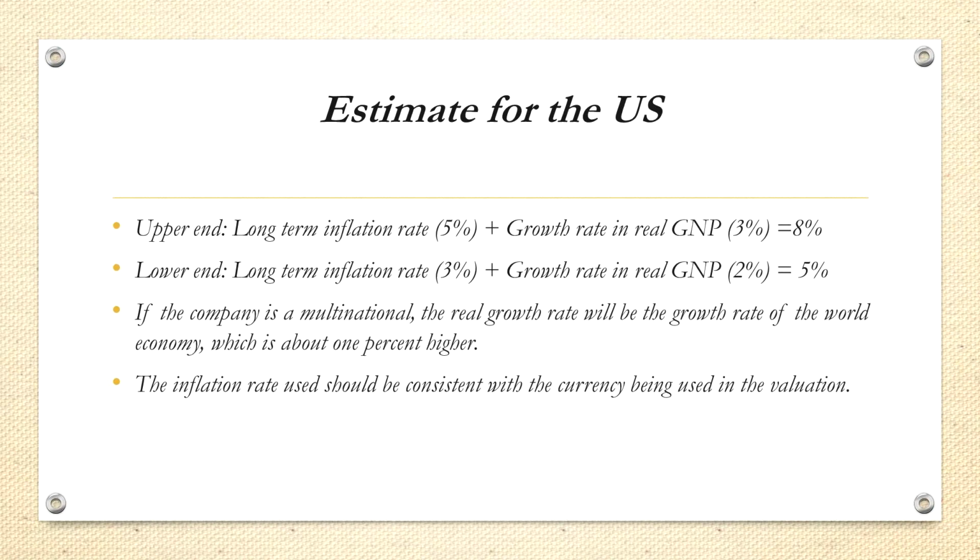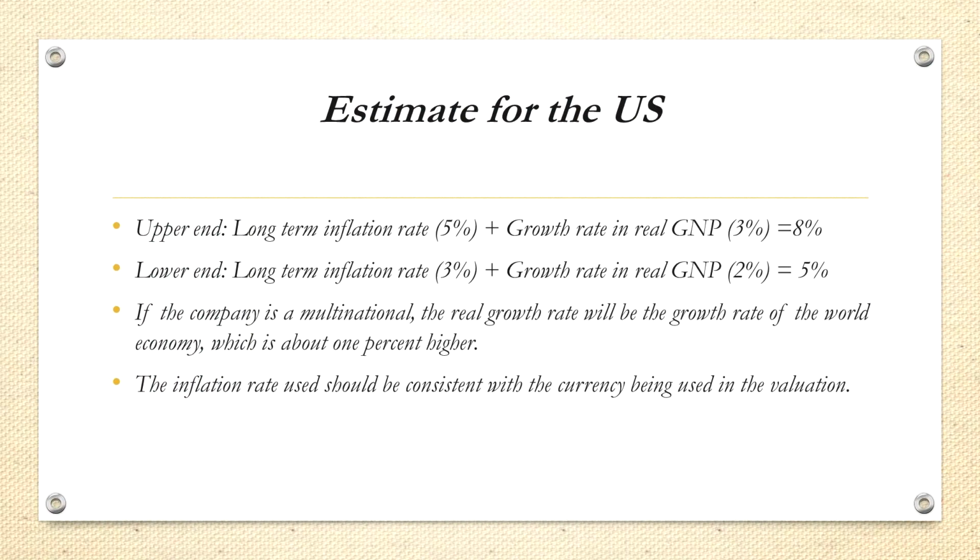And more realistically, you want to have a good estimation on this growth rate, and the theory says this growth rate that you use in this constant growth model should equal the long-term expected inflation rate plus the real growth in GDP. So if your estimation of real growth in GDP is 1% and long-term inflation rate is 2%, then it will give you an estimation of 3% constant growth rate.